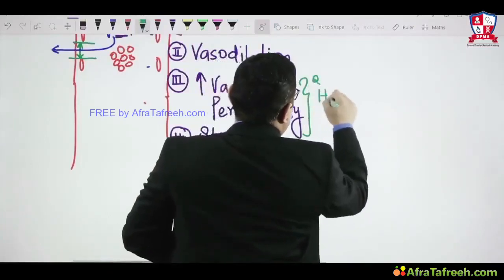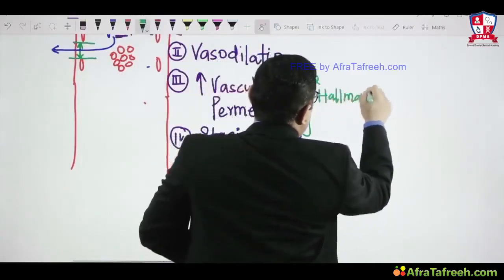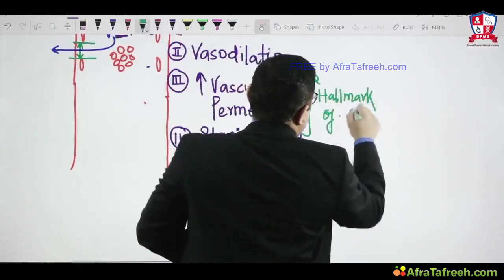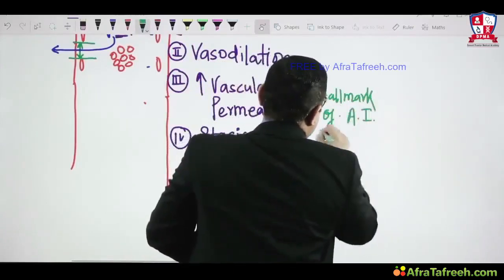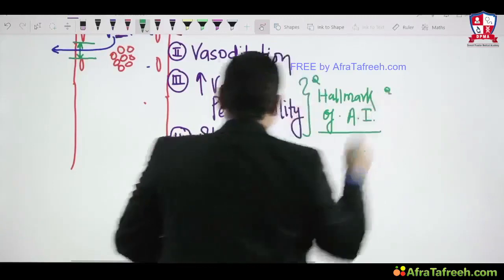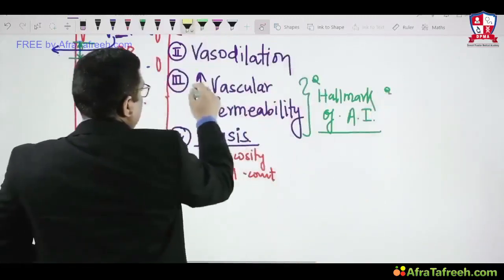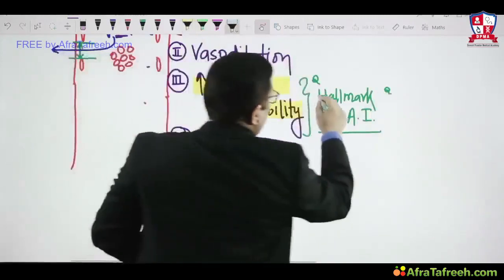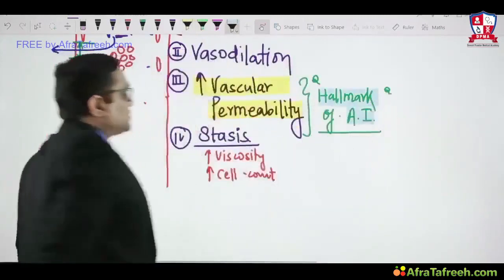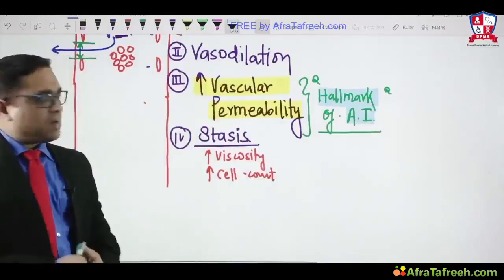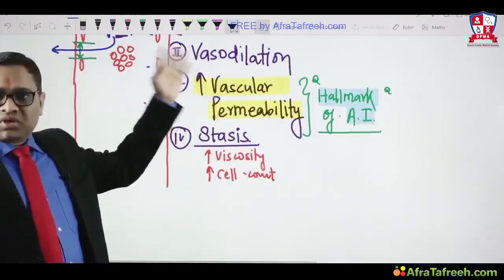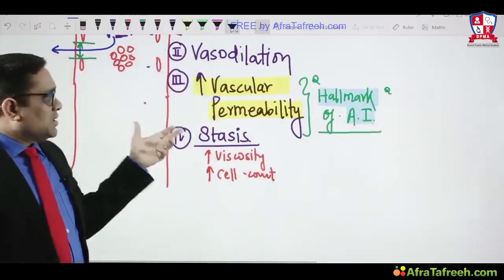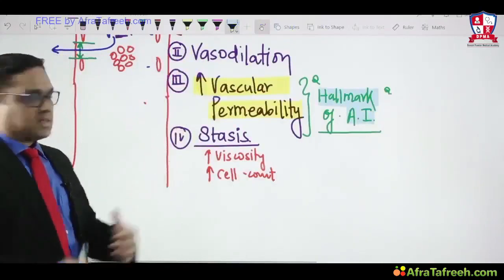Remember this point, increased vascular permeability is the hallmark of acute inflammation. So the 4 sequences we have seen: vasoconstriction, vasodilation, increased vascular permeability, and stasis, right?